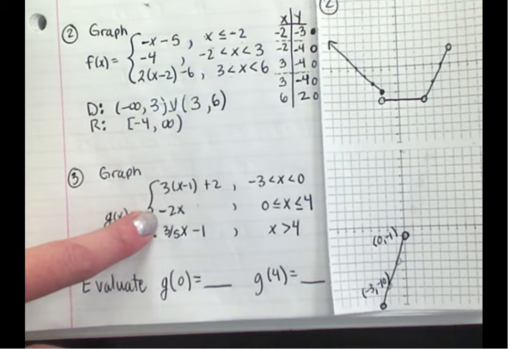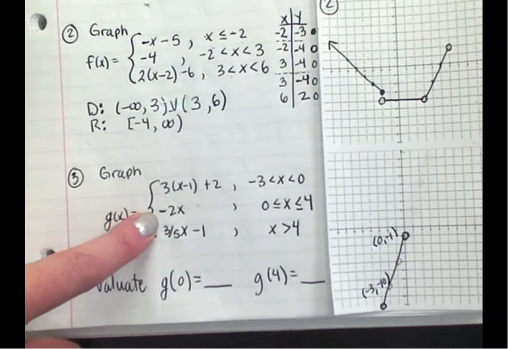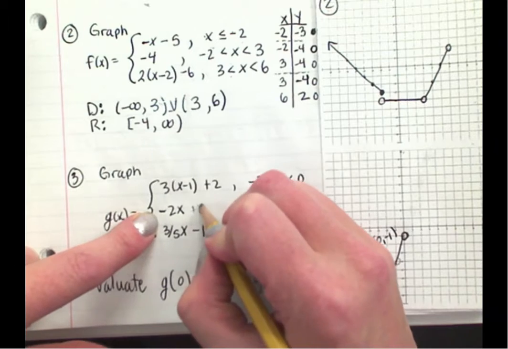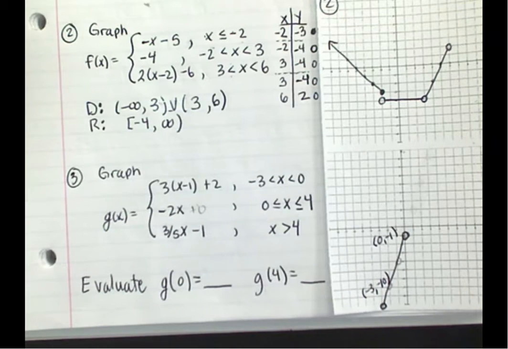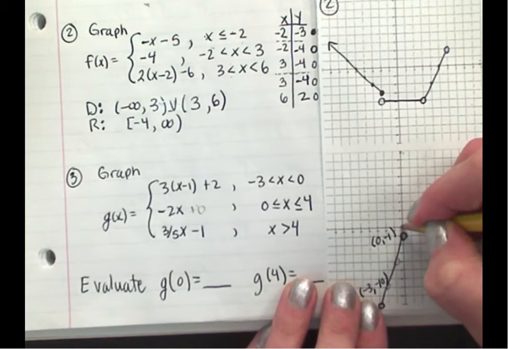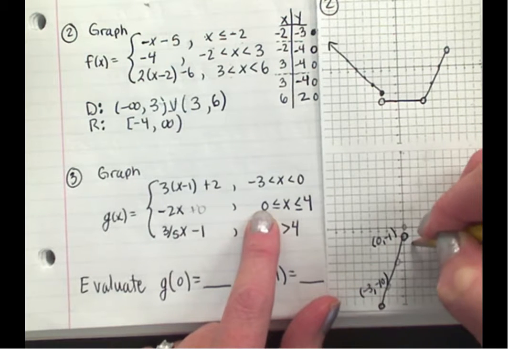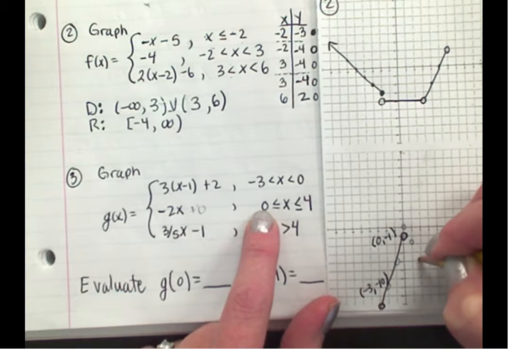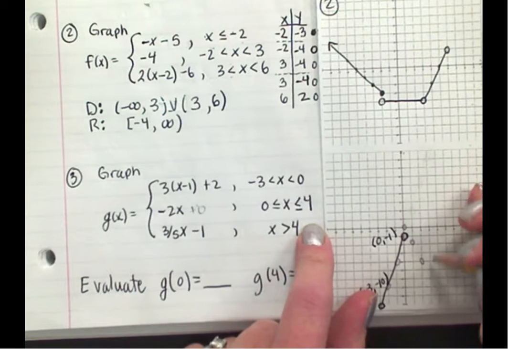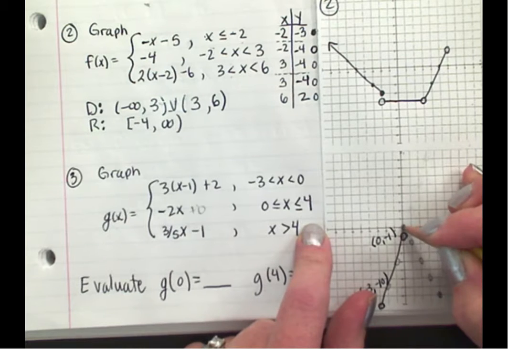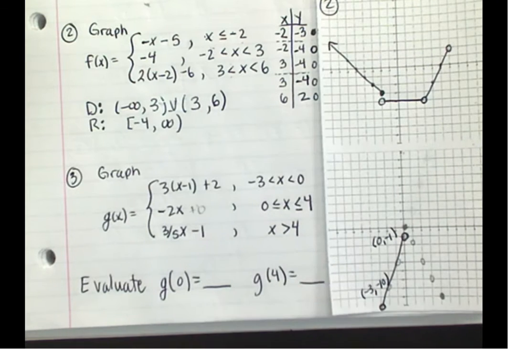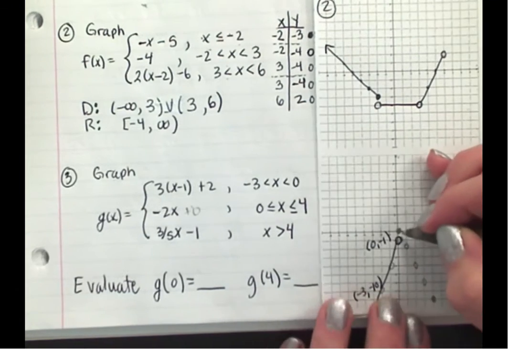Oh, I know what -2x looks like. That's a negative slope line through the origin because the y-intercept is 0. Looks like this. Now, I'm pretty certain that I can get this one in the right place. All the way up to the x-coordinate of 4. Filled in endpoints. Connect the dots.